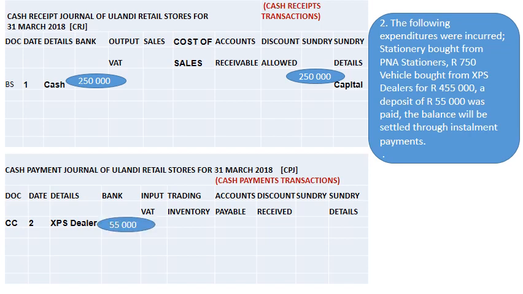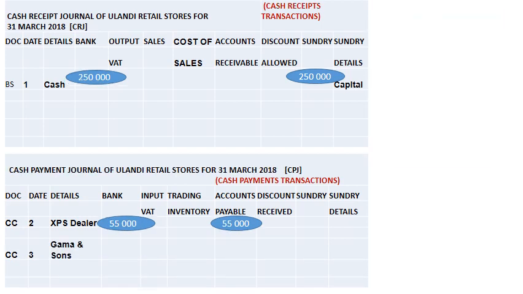The total amount paid is 55,000 rand, because this 55,000 rand was not purchase of goods. It does not include VAT. It was a payment of a deposit. Therefore, we will record it under accounts payable. Why accounts payable? It is because it's a part payment of an account for buying a vehicle. It was paid as a deposit.